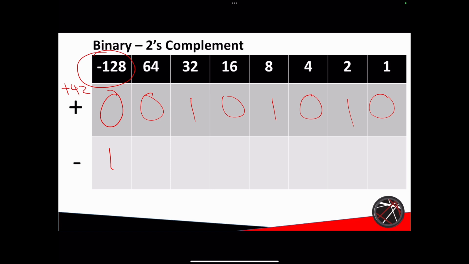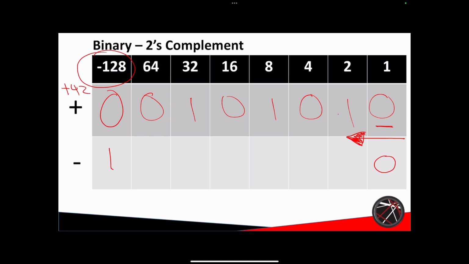To find the negative counterpart, we simply flip the numbers. Just watch carefully with this, as there's a rule to it. We start on the right hand side and move inwards in the direction of the arrow. We ignore any zeros. It doesn't matter how many there are, but we keep them as they are.